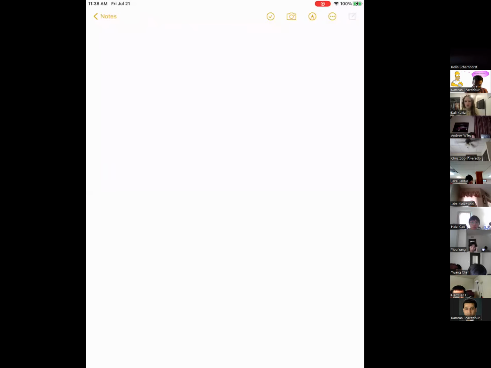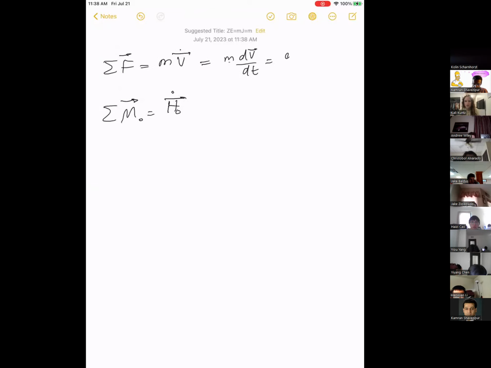So we had the summation of forces equals m v dot, and the summation of moments equals H about O dot. You see that this is like m dv/dt, and because m is constant, we can get it inside, d/dt of mv, and here you get d/dt of H.